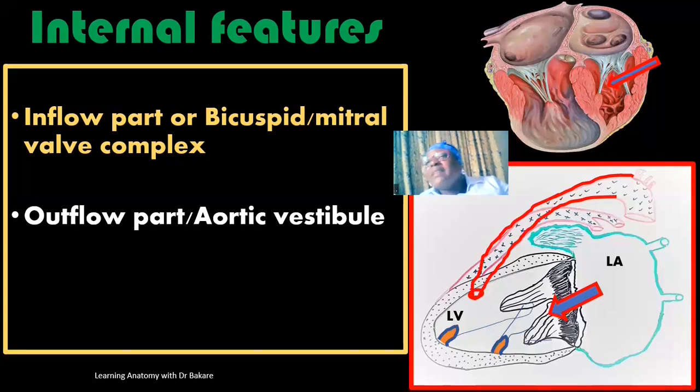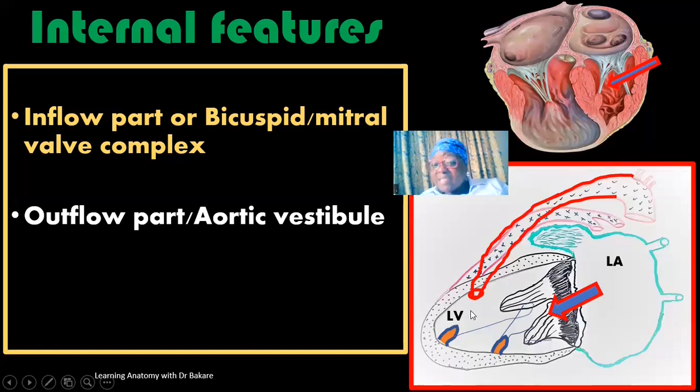So talking about the left ventricle here, that is arrowed in blue, we see that the internal configuration of the left ventricle is exposed here. So the anterior region is chopped off because the outflow region or the aortic vestibule is located in the anterior part. So we cannot see this region in the image up here.